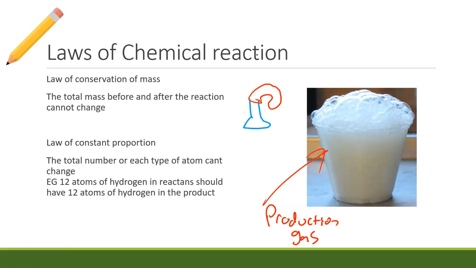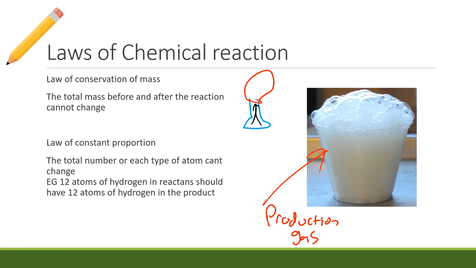Its job is to collect all of the gas. As this makes gas, in this case carbon dioxide, it gets collected at the top, and that makes the balloon bigger. But because it's sitting on scales, there's nowhere for the gas to go. Therefore, you measure no change in mass. Of course, that reaction never works, but it's the theory.